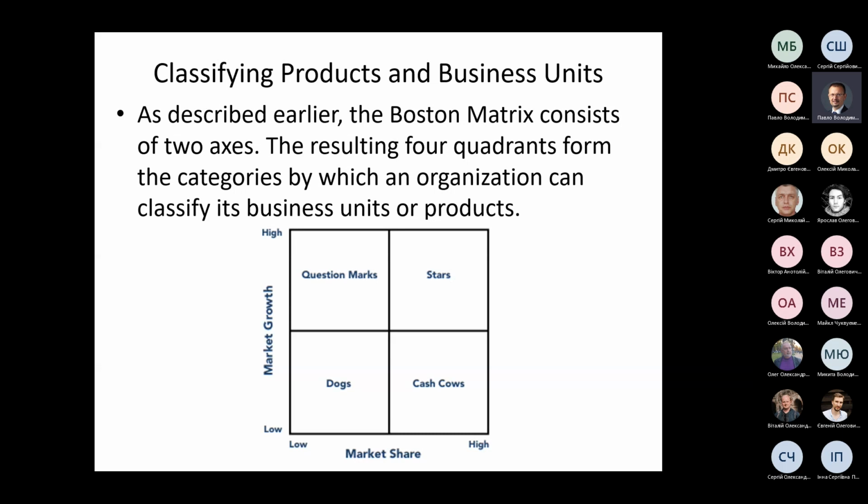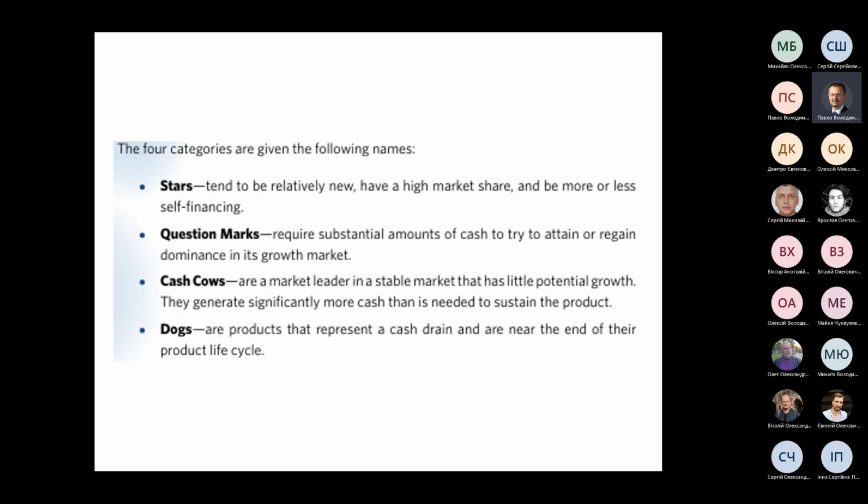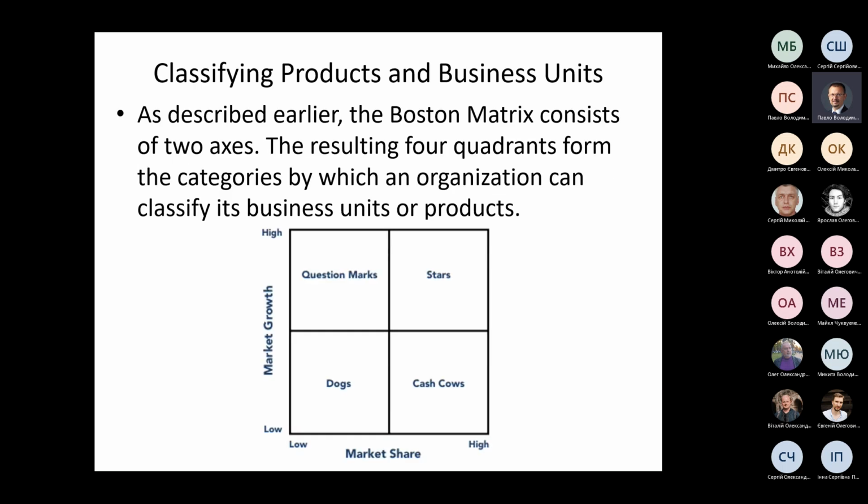So you can find the volume of sales of every strategical business unit, and with the help of this X you can find the information: is your company more competitive compared with the best company on the market or less competitive? If we are the most competitive company on the market, we are the leader of the market. And if we're not, what is the gap between us and the leader of the market?